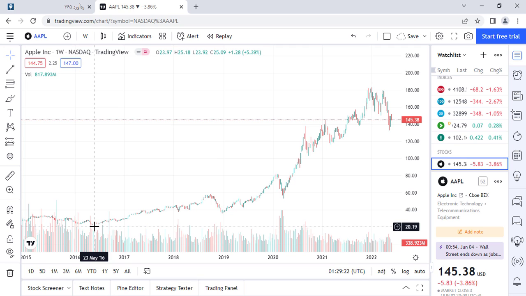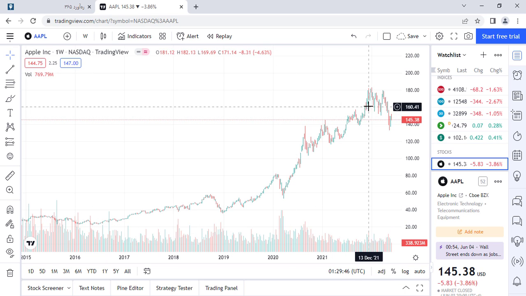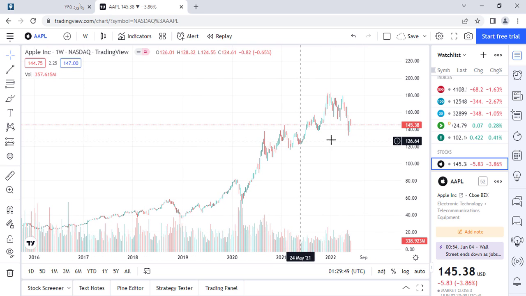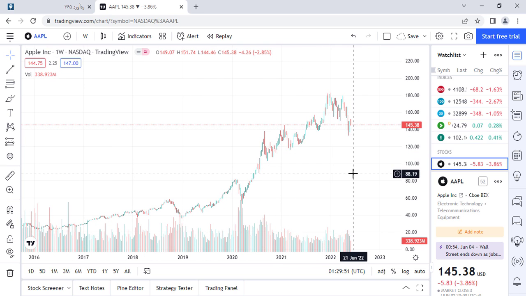Yes, from 2016, an upward trend has started till now. In that time, the price of Apple company's shares and stocks was about $23, and now it is $145 per share.